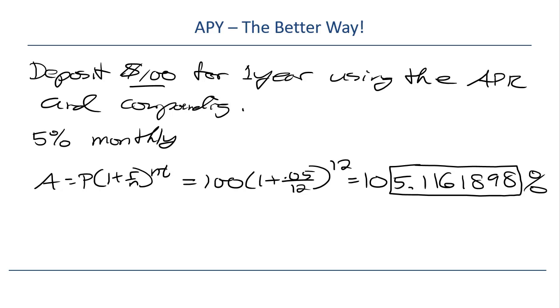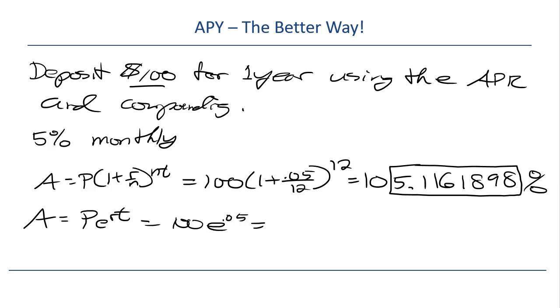So, what if we had to do it for continuous compounding? Well, the formula for continuous compounding, you'll remember, is, I always remembered it as A PERT. A equals P E to the R T. So 100 E to the 0.05, because remember T is 1.